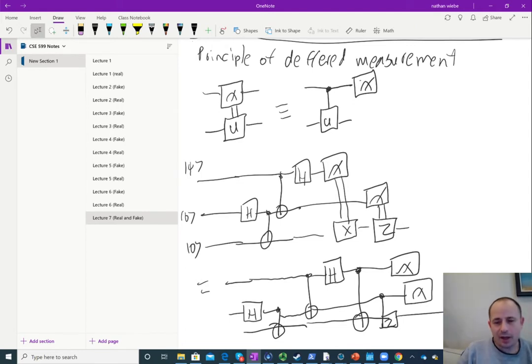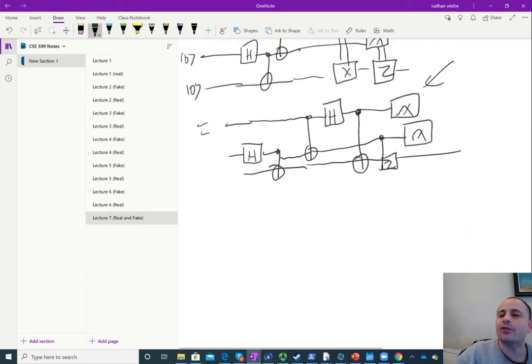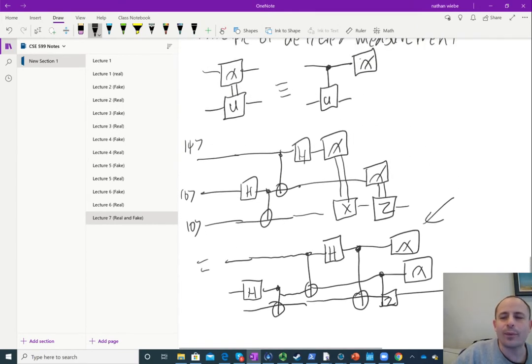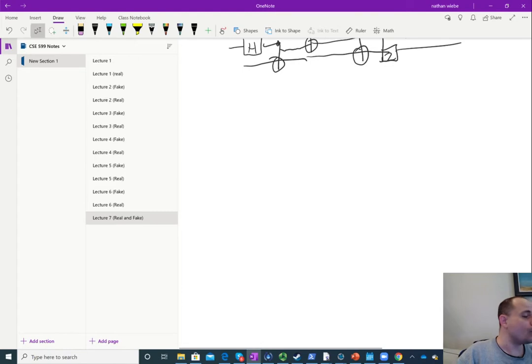And so typically we can use this in order to push all the measurements further to the right. And in general, if we don't want to reuse any of these qubits, and we assume that we can keep on adding extra quantum bits, we can actually make all such measurements occur at the very end of the protocol. And that can be very useful for analyzing what happens for quantum algorithms in general. So that's the principle of deferred measurement.